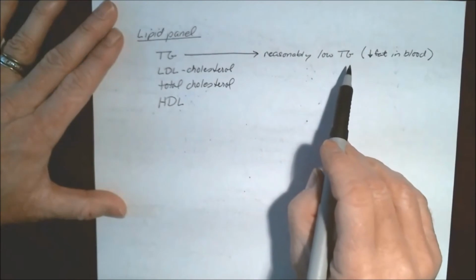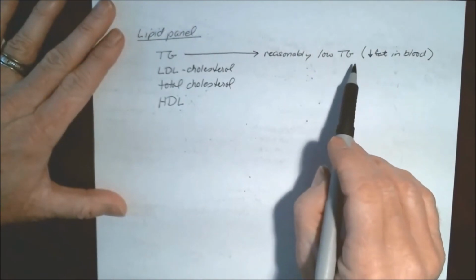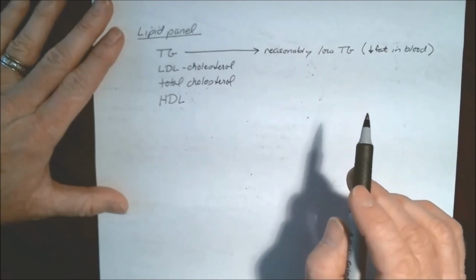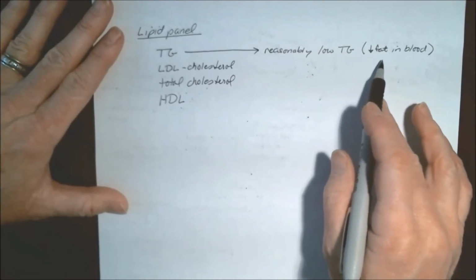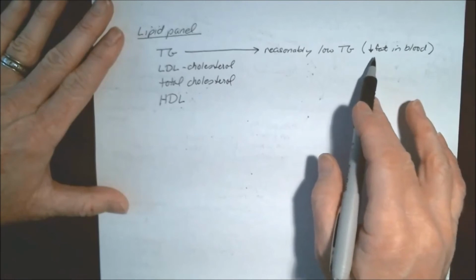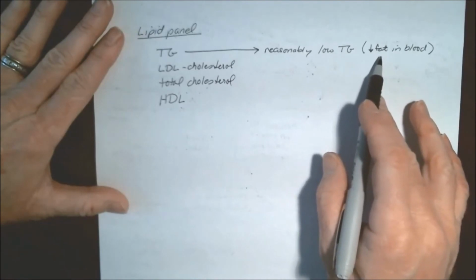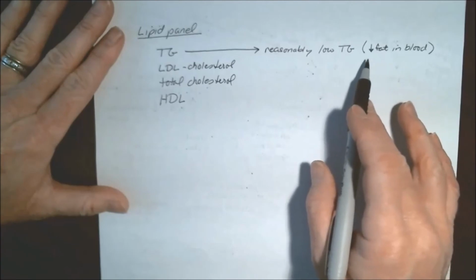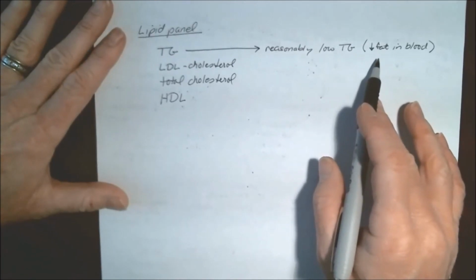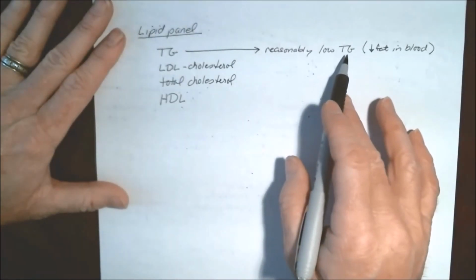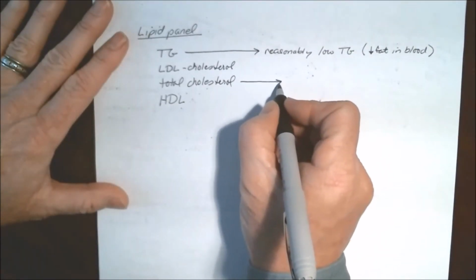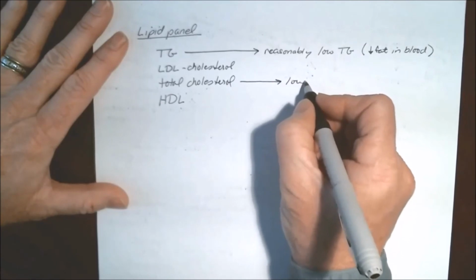Excess triglyceride indicates that you have too many chylomicrons, too many chylomicron remnants, and too much VLDL, which means that you have too much fat being taken up into your circulation from dietary sources, or too much fatty acid synthesis by your liver. So your triglyceride levels should be low. Total cholesterol also should be low.